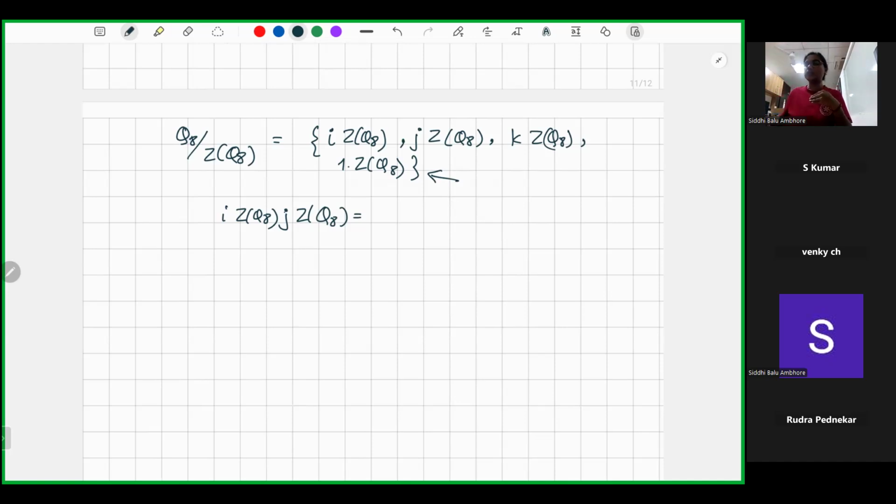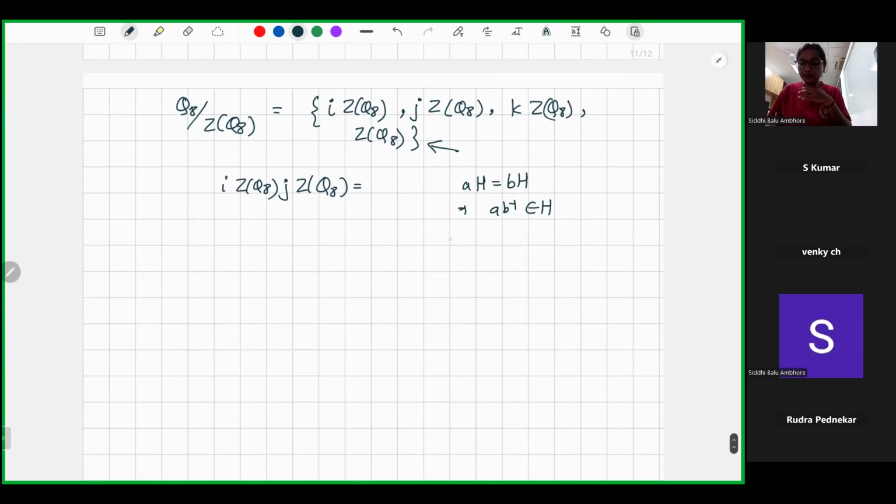So if I try to write all the 8 elements, we know this: if AH is equal to BH, then AB inverse belongs to H. Note that if I take I ZQ8 and minus I ZQ8, then I and minus I are inverses of each other, and the product is just 1 into ZQ8.